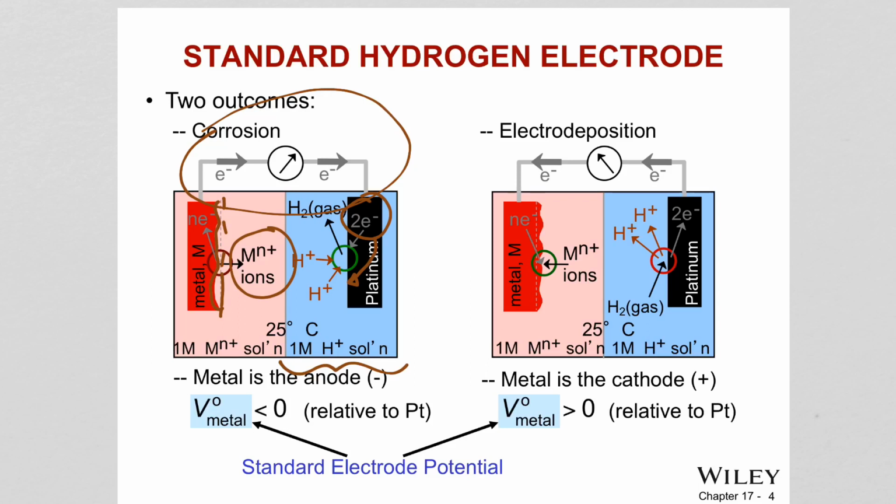So here the metal is the anode. Remember, the corrosion always happens at the anode, which we call the negatively charged site, because it's giving electrons. And so then we are looking at the measurement here. We read an electric potential or voltage, because the electrons are flowing through, right? We read this voltage that exists between the two cell halves, and therefore we read a number to characterize the corrosion potential of this metal.